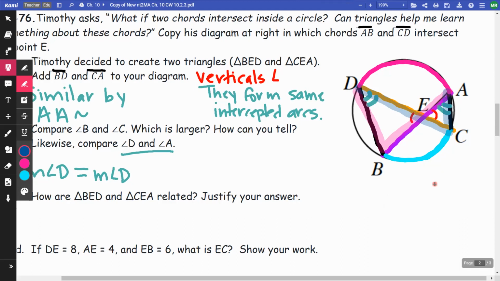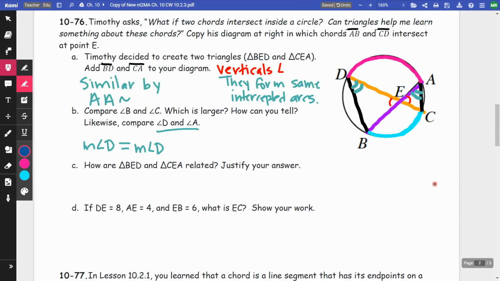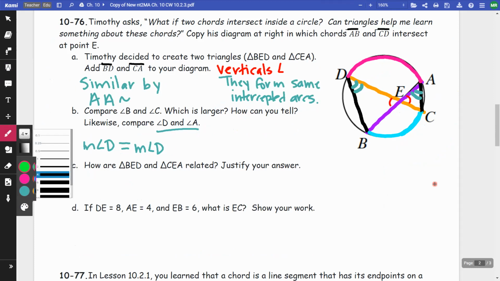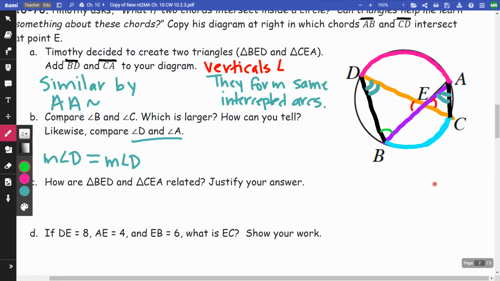So again, this angle B forms that arc, and this angle C forms that arc. So those are also going to be the same measure. So I will put it in there, but at this point, I already kind of knew they were because I use the vertical angle. They're using those two angles. So this angle here and this angle here are going to be the same.